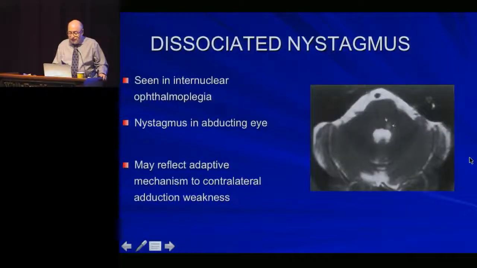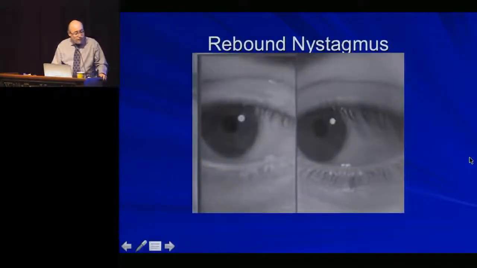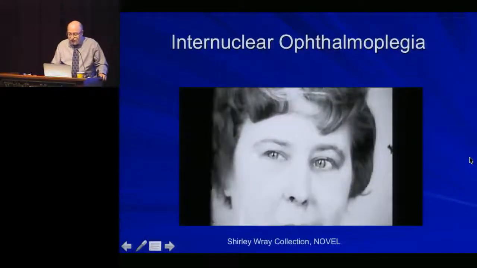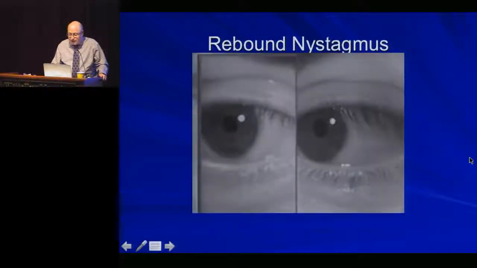So here's rebound nystagmus. I am still trying to click on the picture, right? You're too far to the right. Oh, I'm seeing on my computer it's on the picture, but there it's not. That's interesting. The mouse is in a totally different position.